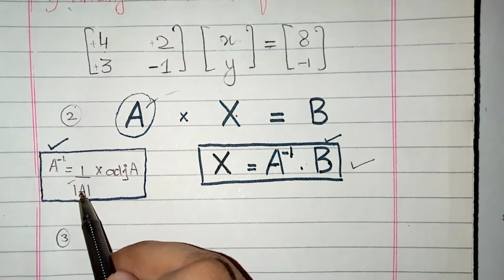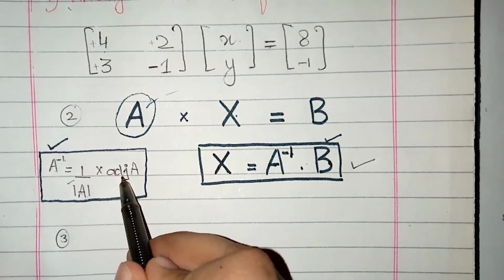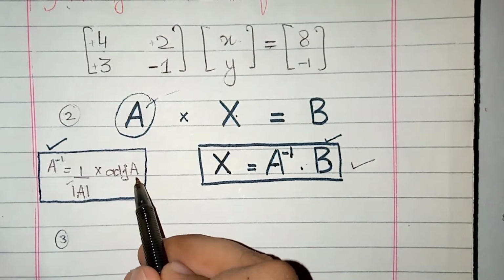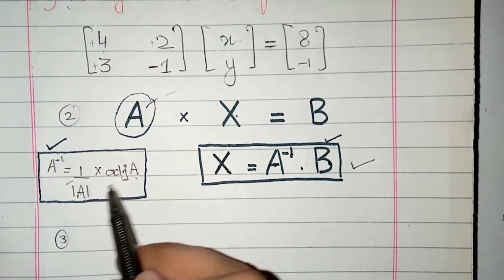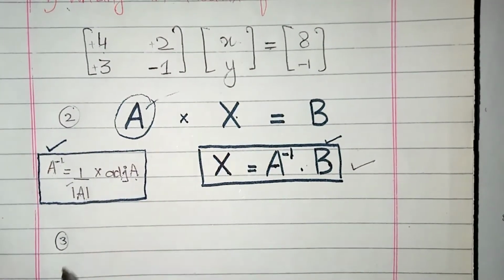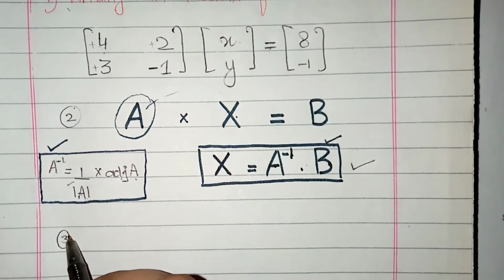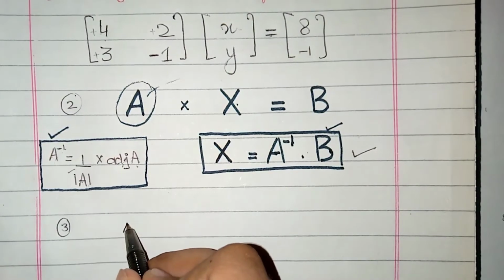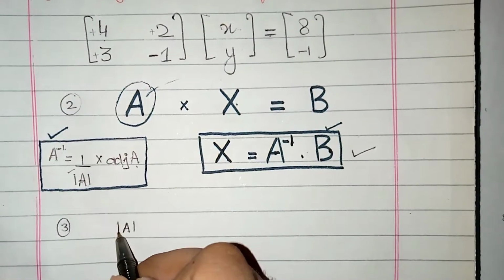First I have to find the determinant, and second I have to take the adjoint of matrix A. These two things happen in the third step. So first of all I find the determinant of A.